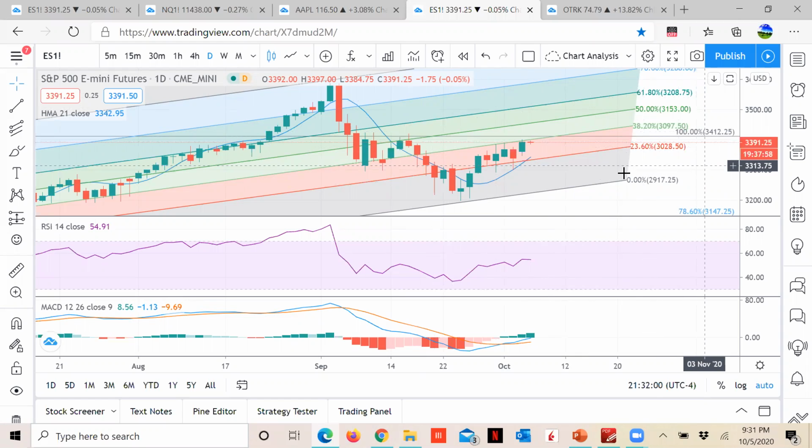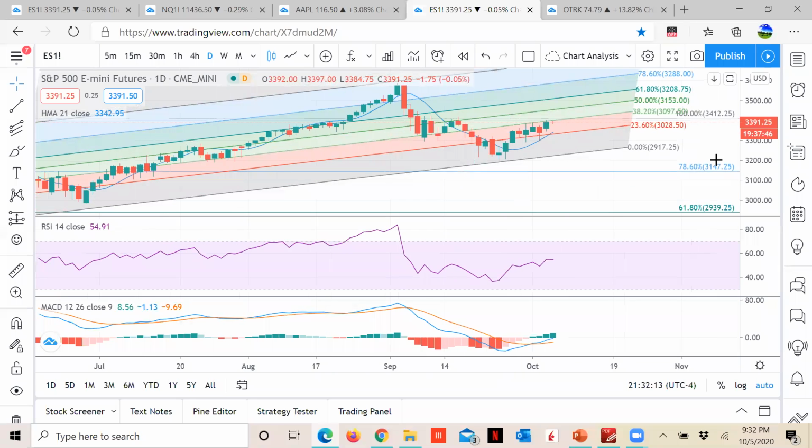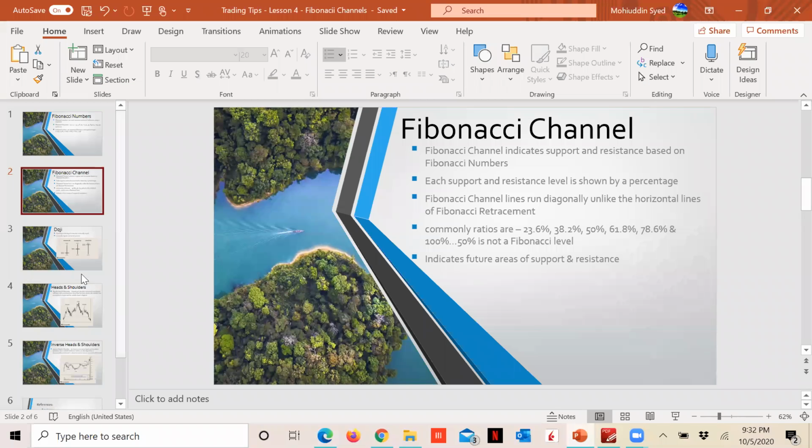In a similar fashion, if this line were to be here against the horizontal support line, that gives a very strong support. So basically, if you draw a Fibonacci retracement, horizontal lines, and a Fibonacci channel, that gives you a pretty strong idea of support and resistance.